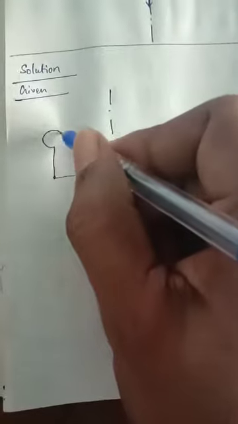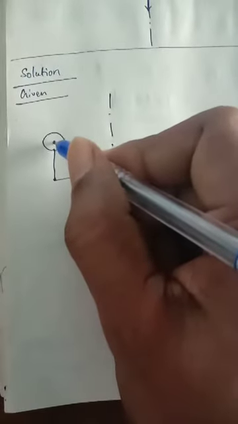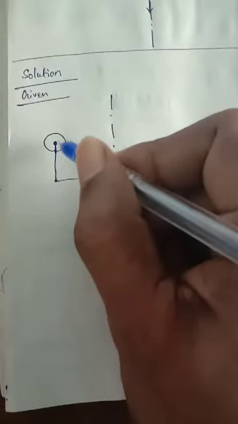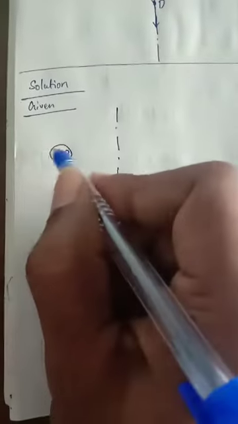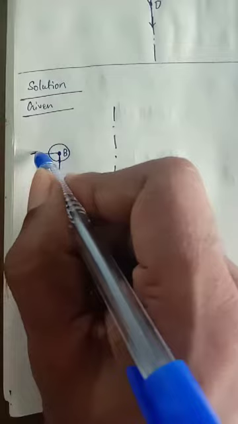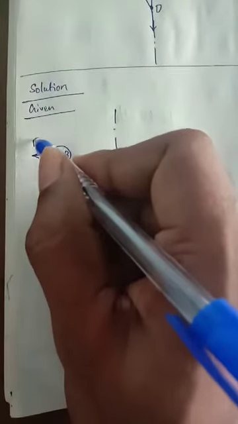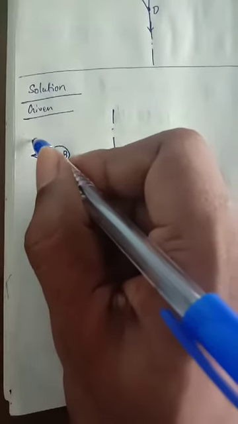This is coming from the ball, this is point B, and the centrifugal force is acting on this, FC.